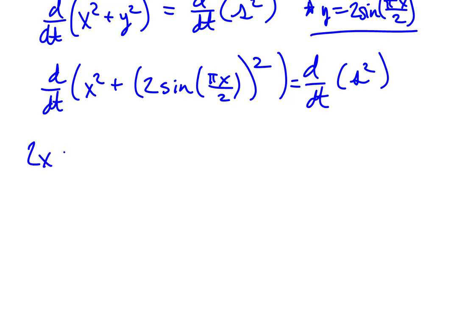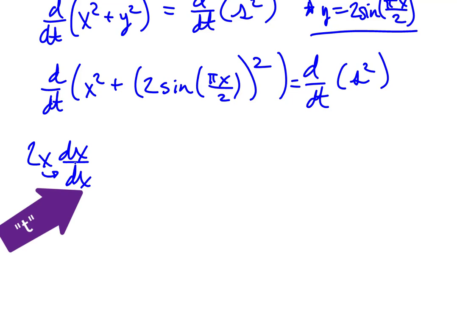It would turn into a 2x and then dx/dt. Remember, that's the chain rule popping out here, where we multiply by the derivative of the inner function, which is x, assuming it's a function of t, so dx/dt it is there. Now moving on to the next term, which was y squared. We replaced the y with the 2 sine of pi x over 2. That's all squared. So the derivative of that term could involve several things.